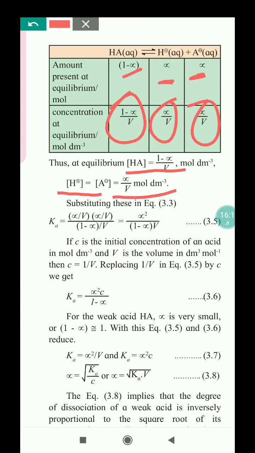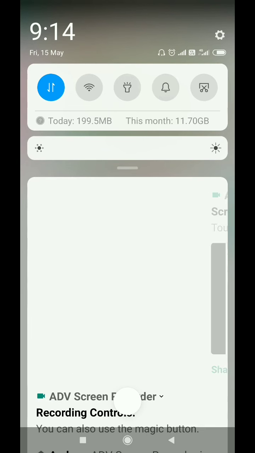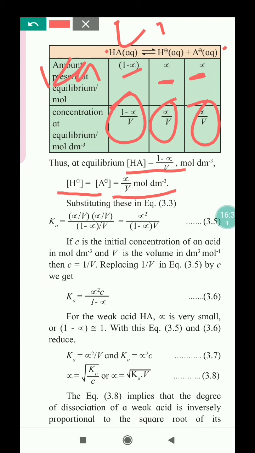Substituting this value in equation 3.3, that is Ka is equal to concentration of H positive into concentration of A negative divided by concentration of HA, we get Ka is equal to alpha by V into alpha by V divided by 1 minus alpha upon V. So V cancels.